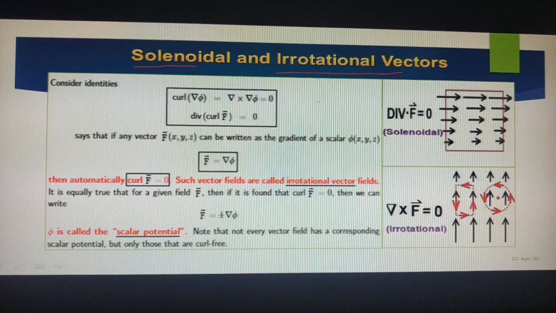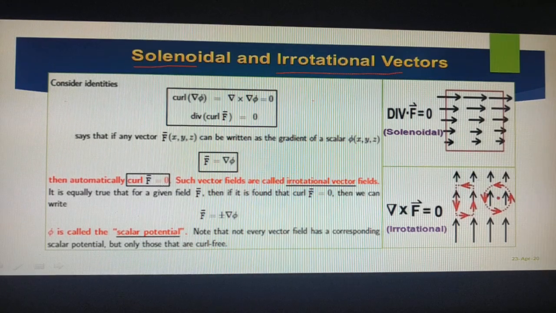So as you know, how we are defining the divergence of a vector field. At some point, the rate of flux is going from this point.